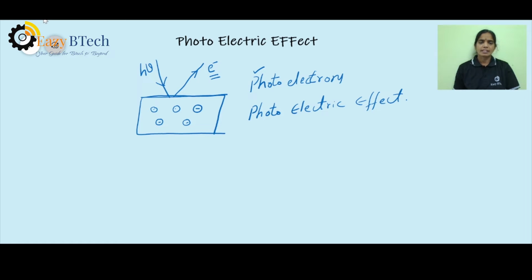Now coming to the next point. We are saying electrons are ejected, so how can we guess the number of electrons ejected? It depends upon a few parameters. The number of ejected electrons depends on the intensity of radiation.